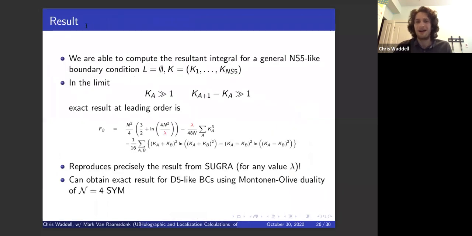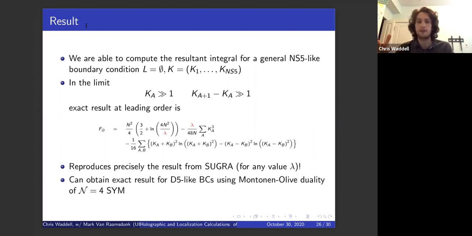And so the result, again, I haven't written the explicit expression here, but you can always consult the paper if you're interested. But I'll just say that we're able to write down an expression for the most general NS5 only boundary condition. We can take arbitrarily many NS5-branes and associate with them some linking numbers, and then we can write down an expression for boundary F associated with this boundary condition.